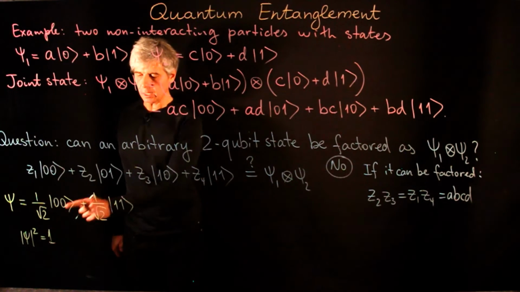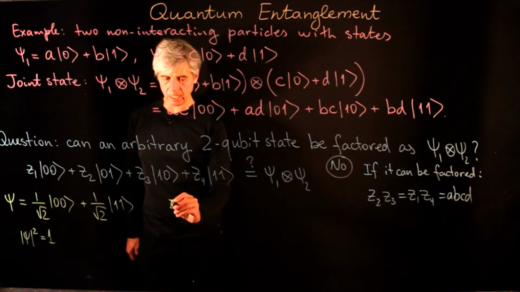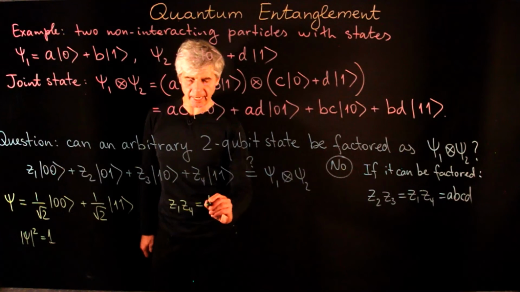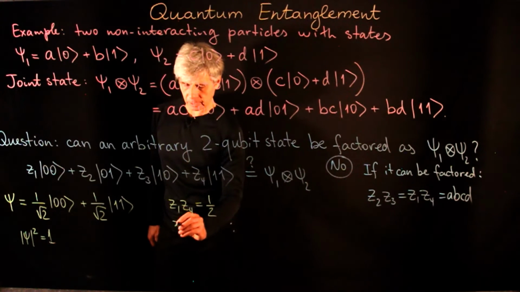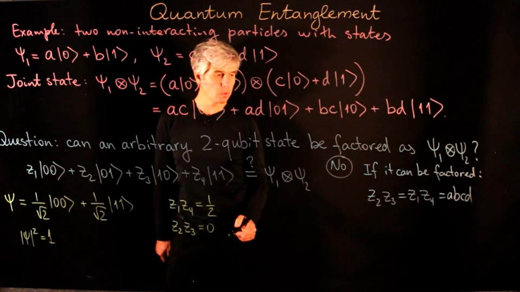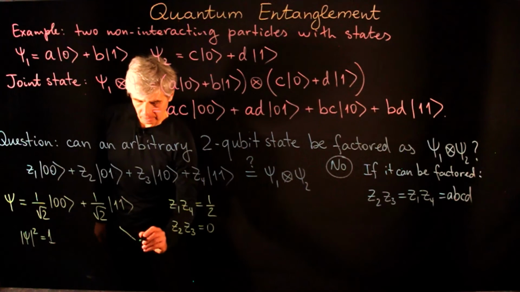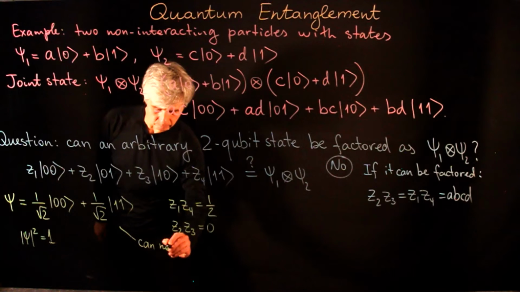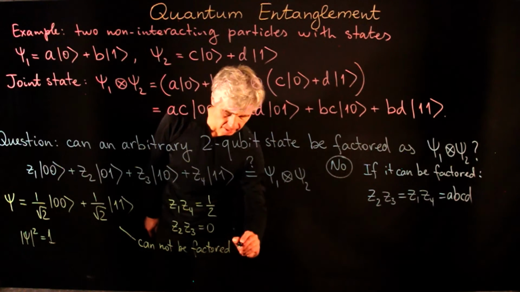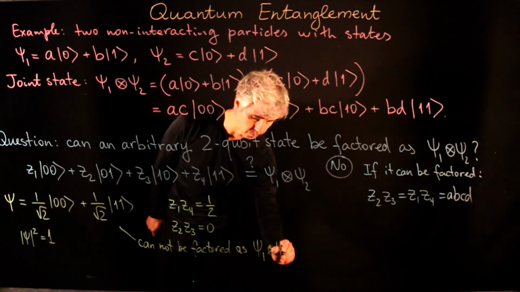And so here, in this case, z1 times z4 is equal to 1/2, and z2 times z3 is equal to 0. So this tells us that this state cannot be factored as psi1 tensor with psi2.